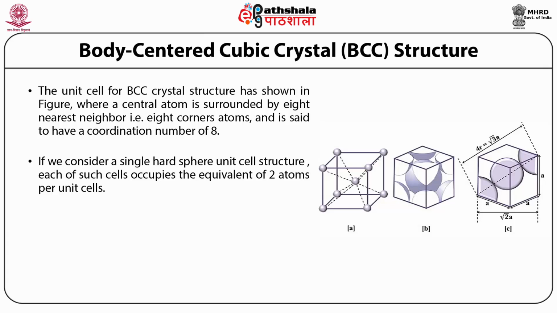1/8 of a sphere is located at each corner of the unit cell, making the equivalent of 1 atom, that is 1/8 multiplied by 8 equals 1, plus 1 complete atom located at the center of the unit cell, results in a total number of 2 atoms per unit cell.